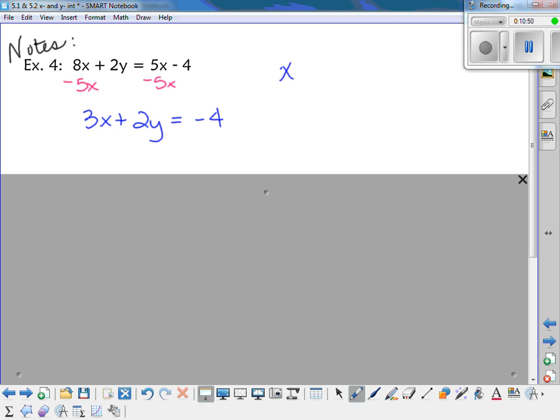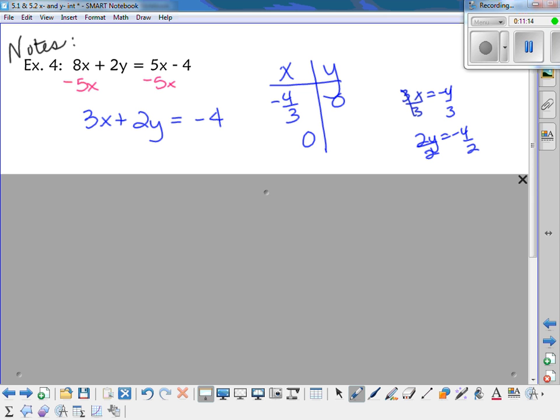So I make my xy table. If y is 0, I get 3x equals negative 4. So if I divide by 3, I get that x is equal to negative 4 over 3. And then if x is 0, I get 2y equals negative 4. Divide by 2.